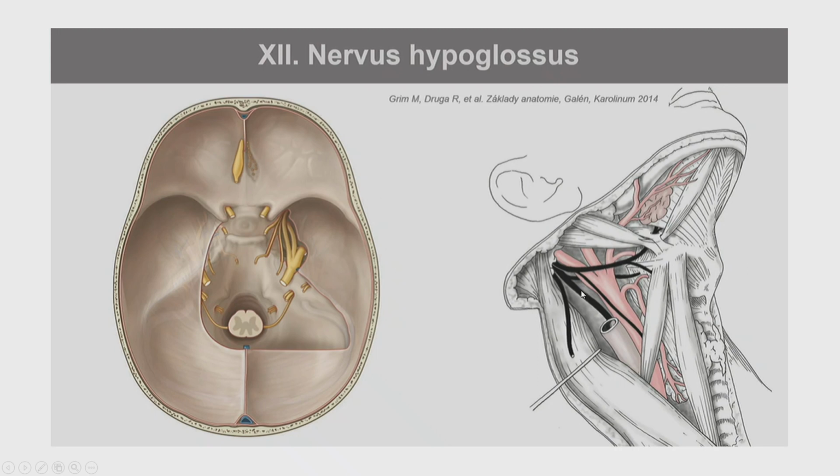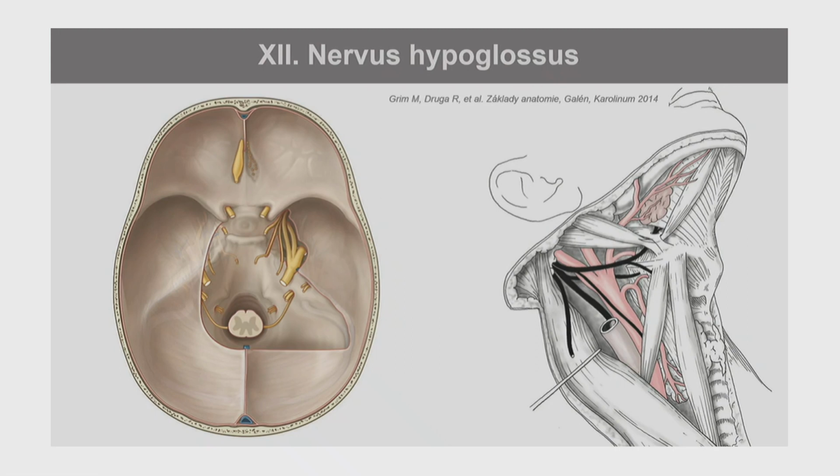And it's going further to the submandibular triangle, which is bordered by the anterior belly and the posterior belly of the digastric muscle and the inferior margin of the body of the mandible. So this triangle.